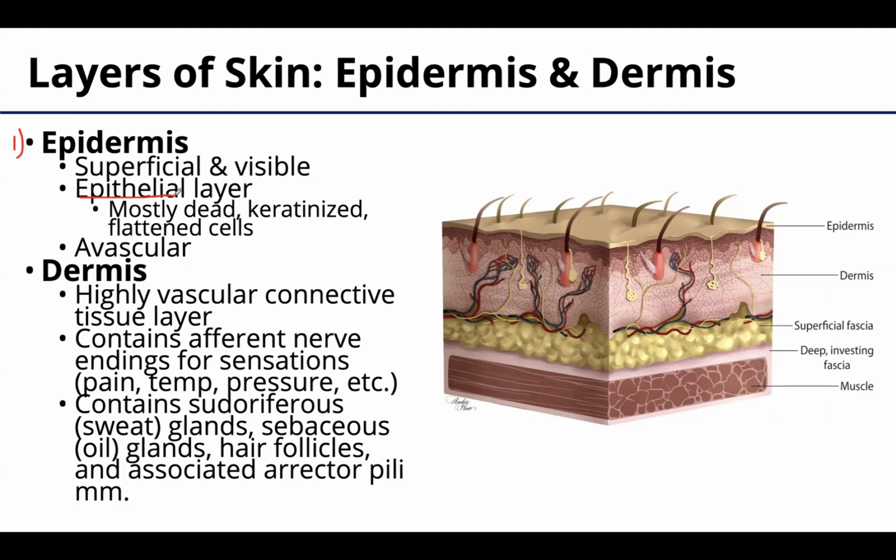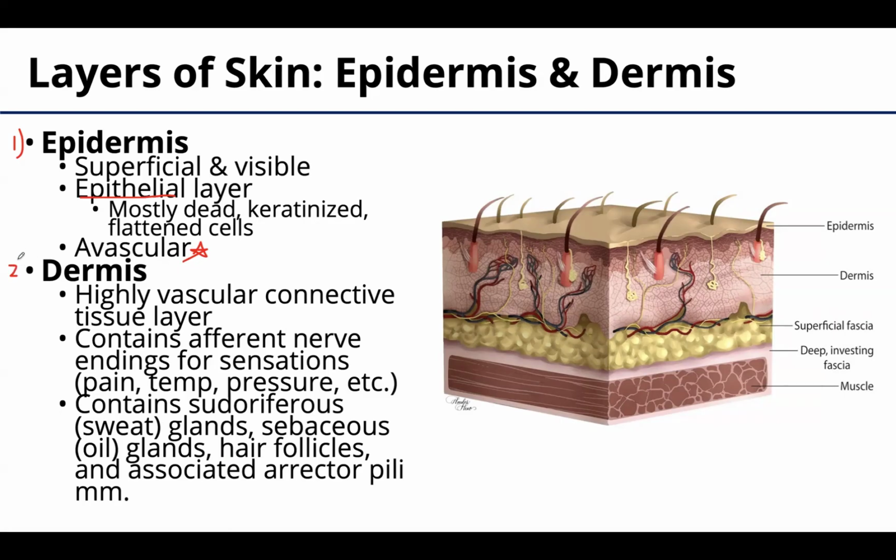There are some living cells in its deepest parts, but the majority of the cells in the epidermis are dead, keratinized, meaning filled with keratin to allow toughness and water resistance. Importantly, this layer is mostly avascular, meaning it does not have a blood supply, which also makes sense as most of these cells are dead. So if you have a cut in the skin and it doesn't bleed, you know you have just an epidermal cut.